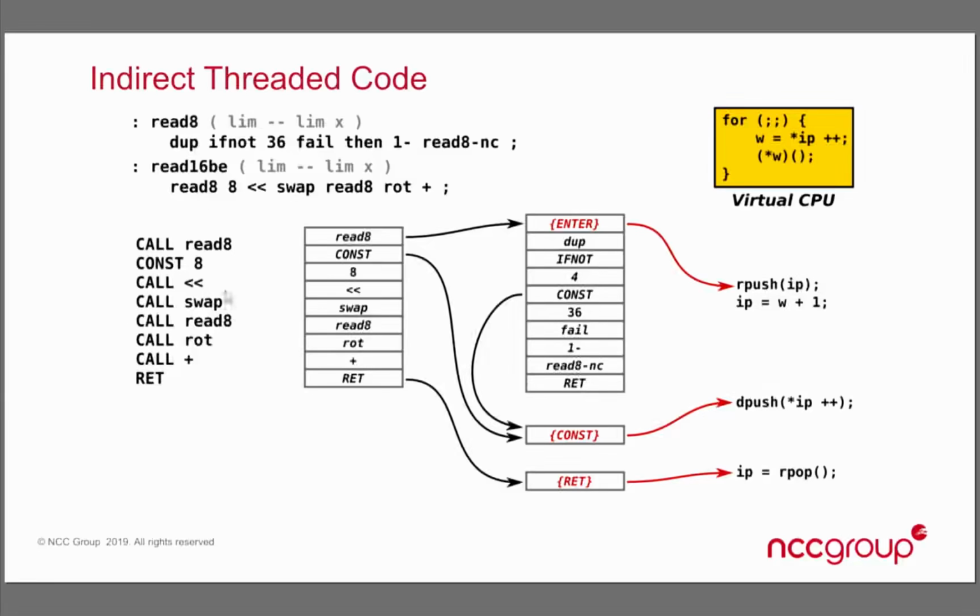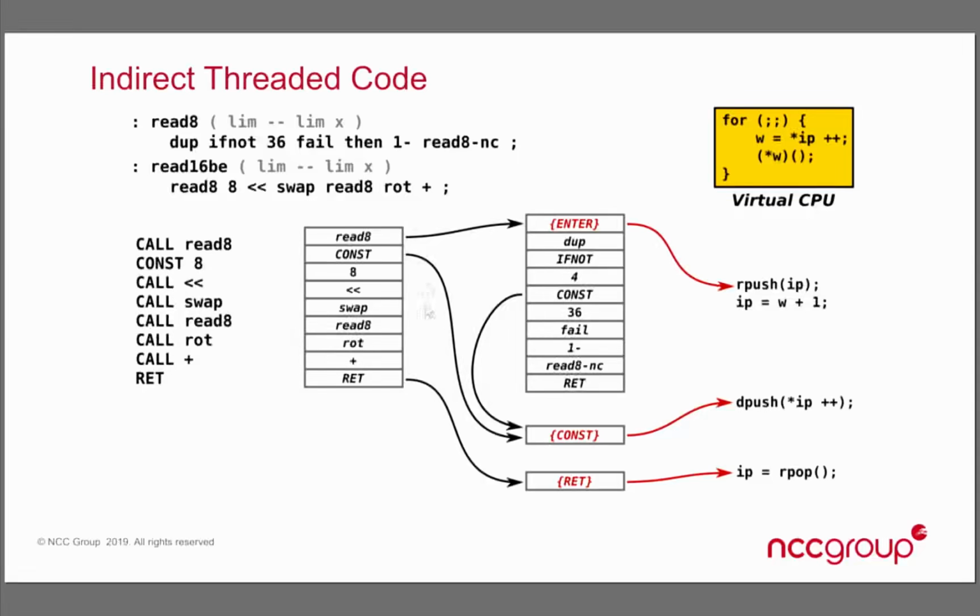It's just a symbolic representation that basically calls other functions: read8, left shift, swap, read8 again, rot, which rotates the 3 top values on the stack, plus, which adds 2 values. And it has 2 special ones: const, which just pushes a constant value, and ret, which exits the current function.